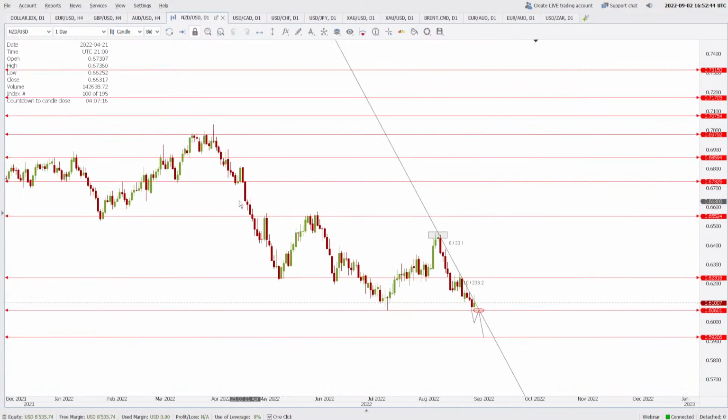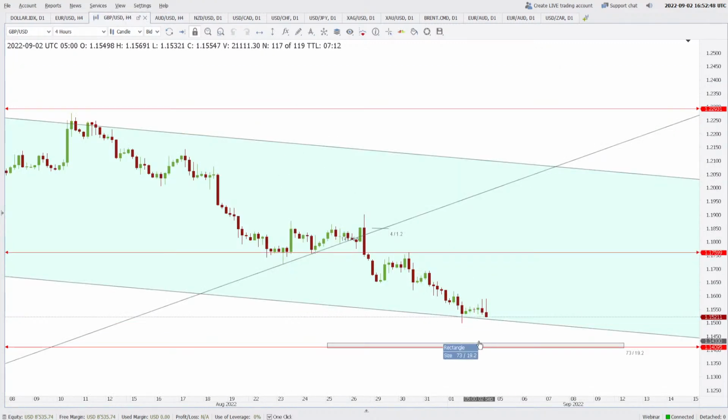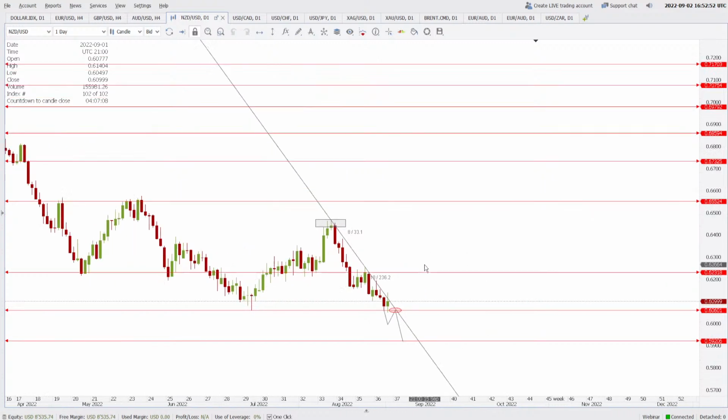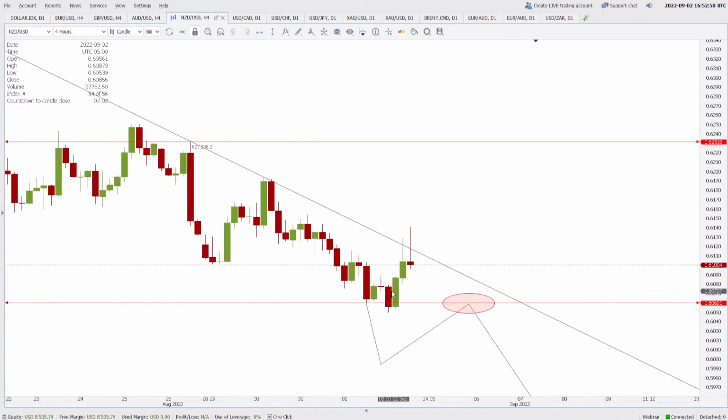This is something that I am expecting to happen in the pound when it hits 1.1409 area. Okay, coming back to the New Zealand dollar. Now this seems like profit booking here, and thereafter those who have booked their profits when they were out of the market, sellers again jumping in the market. This is something of that sort.